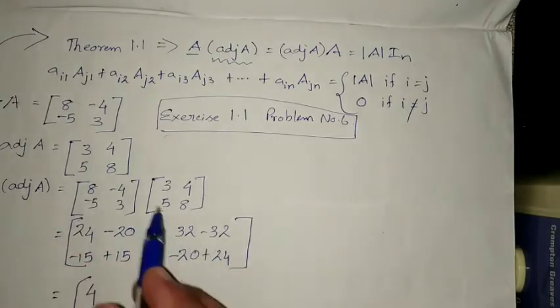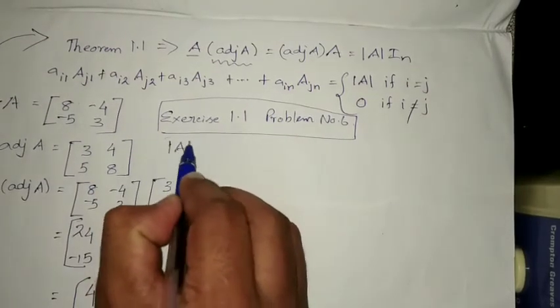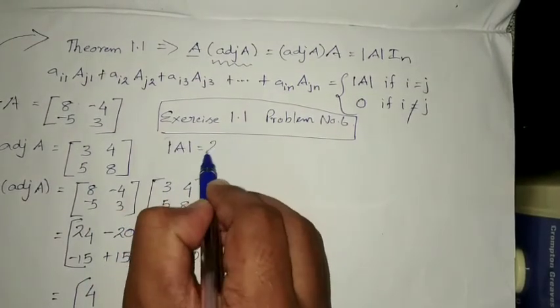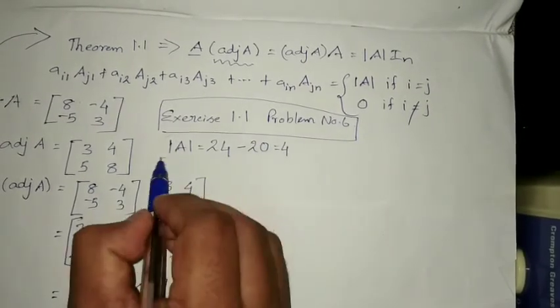And now we find the determinant of A, equal to 8 threes are 24 minus 20. Determinant of A is 4.